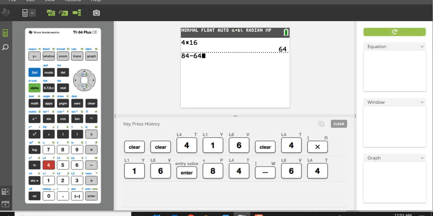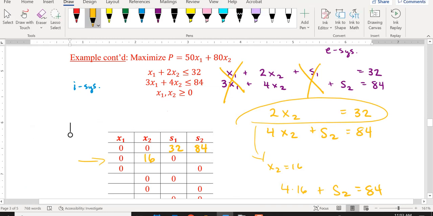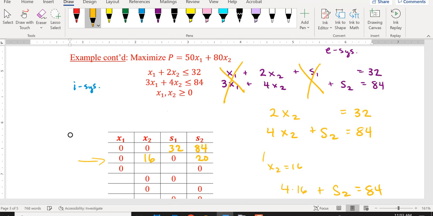Perfect, that's 20. Now, I would not choose to do it that way. I don't like doing any arithmetic by hand if I can get away with it. Do you see that we could put that in a matrix, 2, 0, 32, 4, 1, 84, and you can go RREF it?